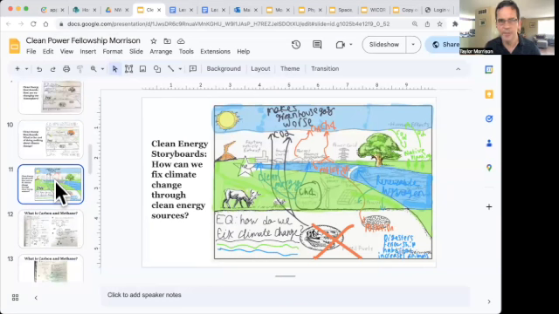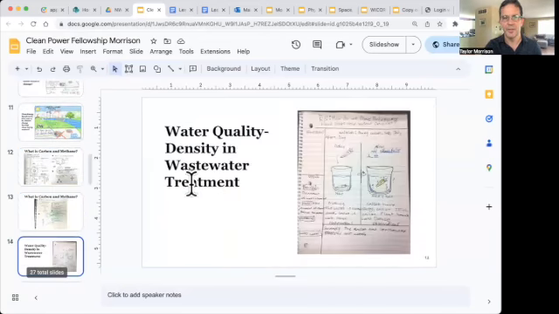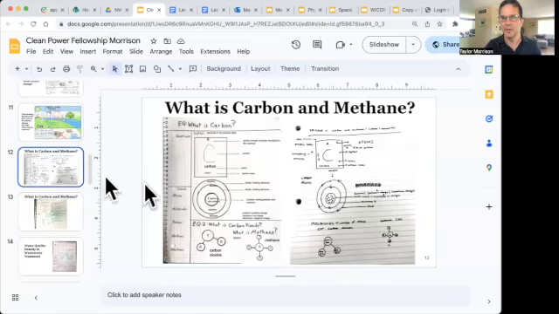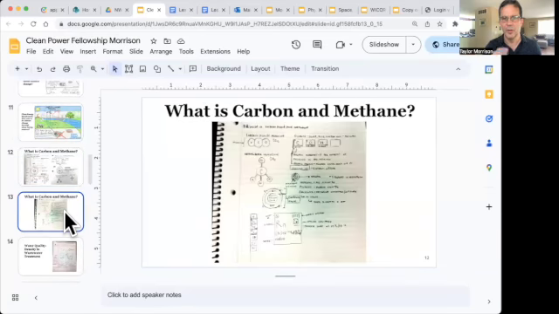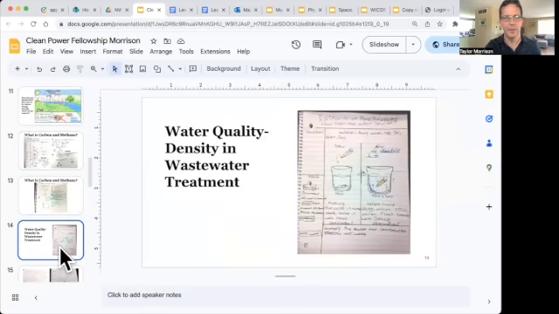And some of them get into it. They also have their little touches of creativity, which is nice. What is carbon and methane? Oops, sorry about that. What is carbon and methane? Here's two different examples of diagrams and notes. A really beautiful diagram here.